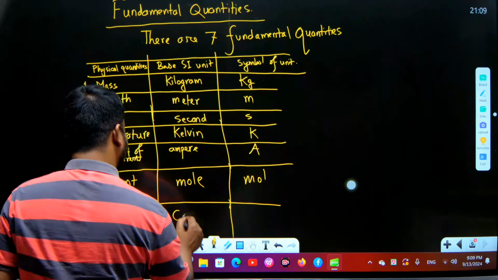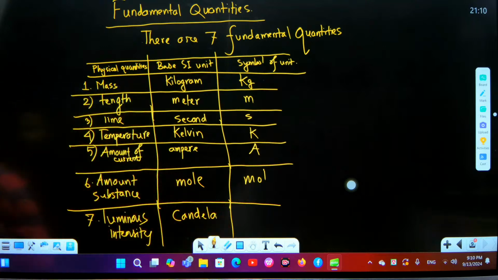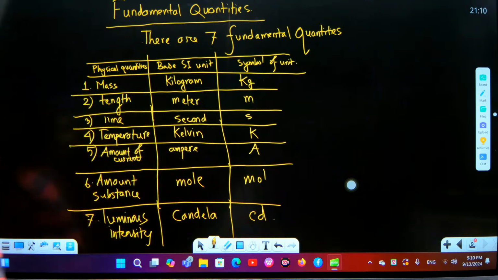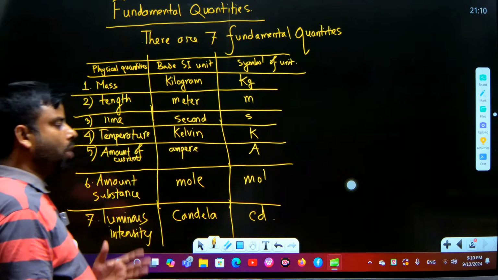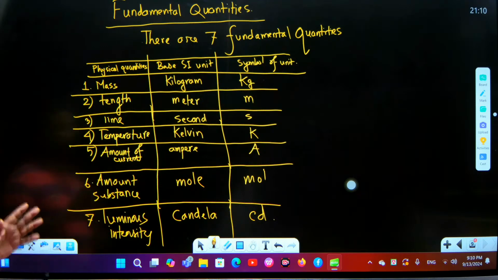We use the candela, the unit of luminosity. The short form is cd. These are the fundamental quantities. Look at this board: there are 7 fundamental quantities.